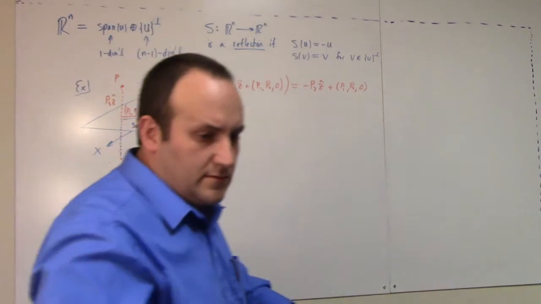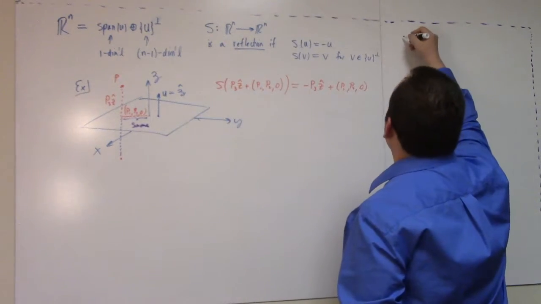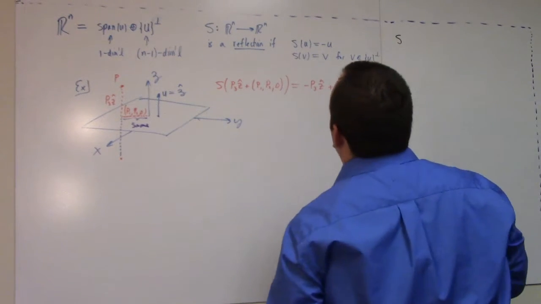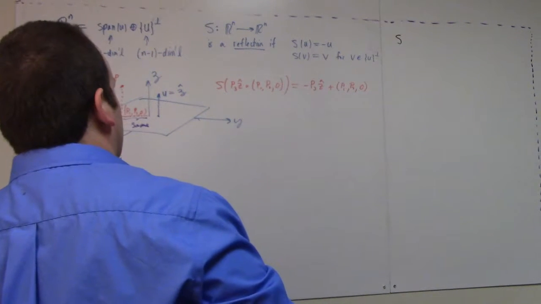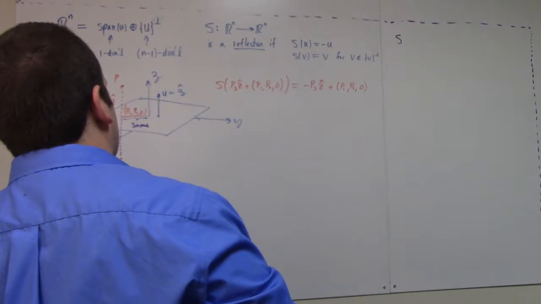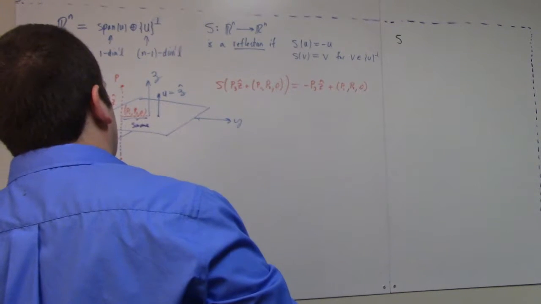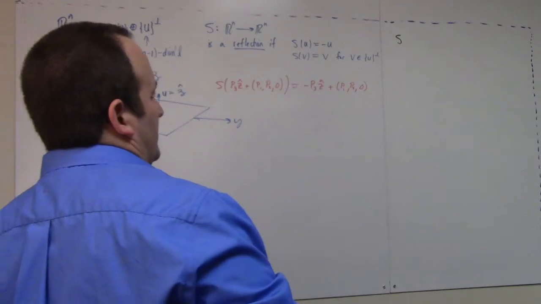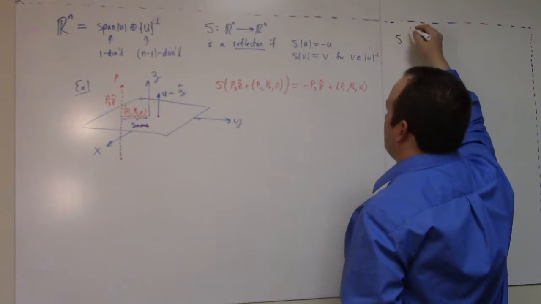Let's prove it. What would it take for S to be an isometry? Preserves distance. Would it be that u equals negative u? No. I'm torn. It's a little bit lost here what I'm doing.